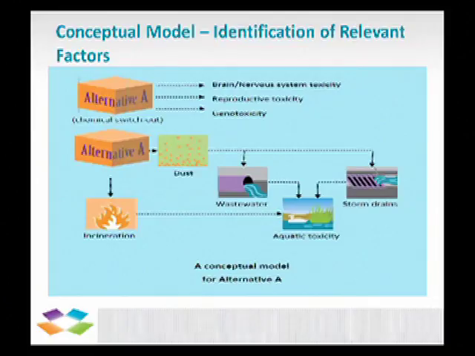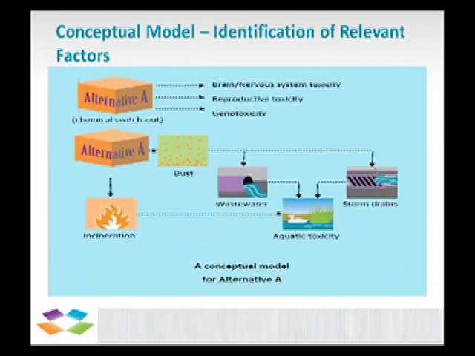This slide shows a very simplified model about alternative A. It has been determined that alternative A will have these human health impacts, that during use it will generate dust and eventually end up in the wastewater system or storm drains to result in some aquatic toxicity. On the disposal phase, it's sent to incineration, whose emissions will also be an impact to aquatic toxicity.